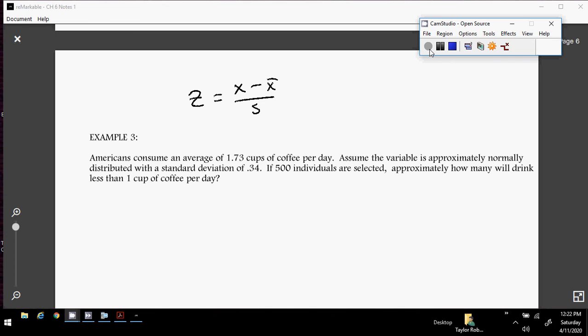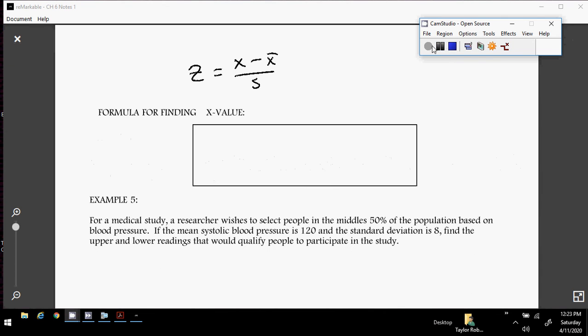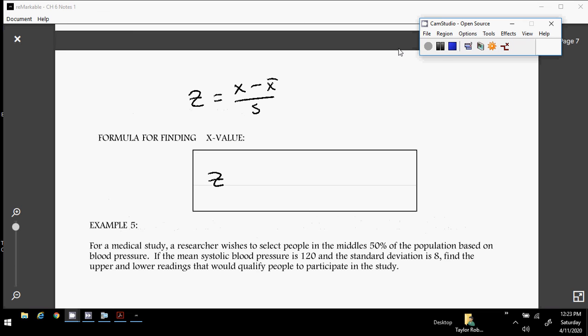If I went to solve this, I would need to multiply by S. So we did that, Z times S, and then we added X bar, which equals X. So that's the algebra we did. Instead of doing all that algebra, you could just plug in Z, S, and X bar, which in our case Z was 1.28.